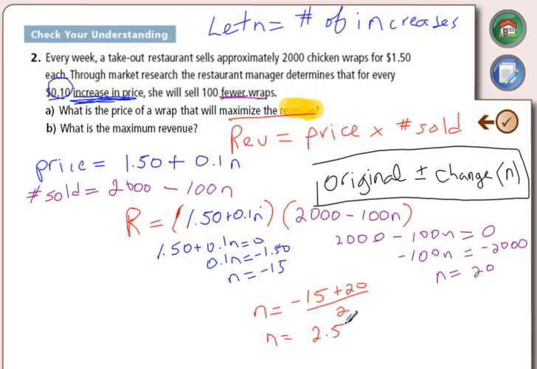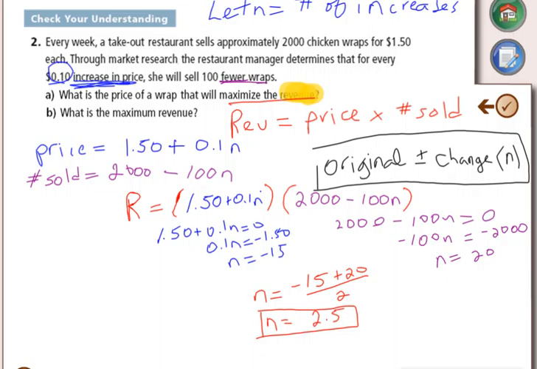So we're going to say either 2 increases or 3 increases. Because it's a symmetrical graph and they're both the same distance from 2.5, either 2 increases or 3 increases are going to give us the same revenue.